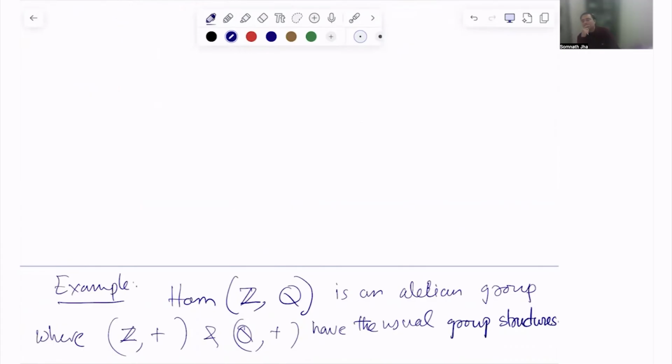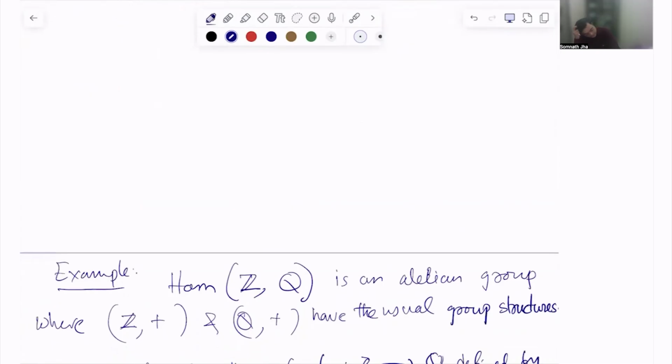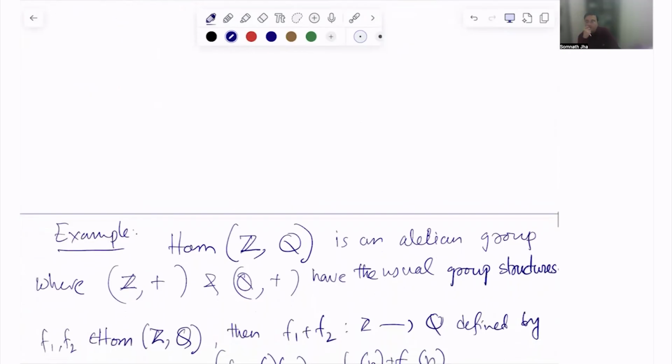This was one example. If you have two abelian groups, you consider the set of homomorphisms between them, and that forms an abelian group. So you have here Z and Q plus with the usual abelian groups, and the homomorphisms between Z and Q form an abelian group.